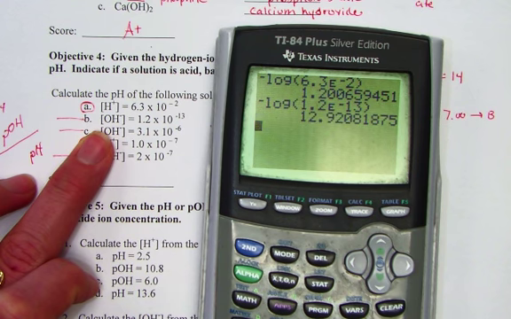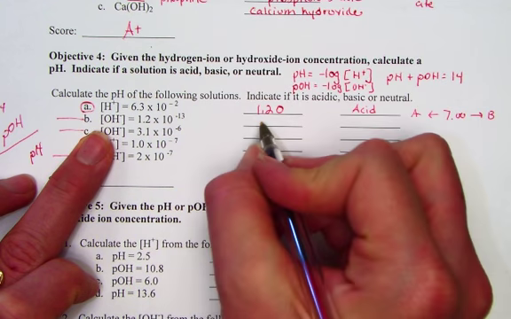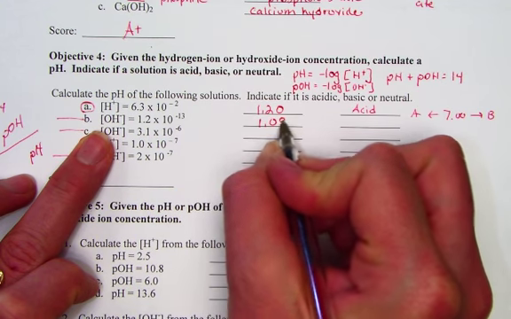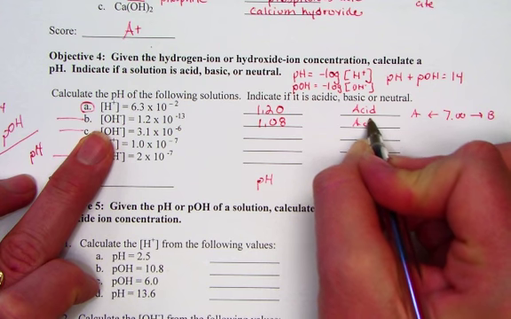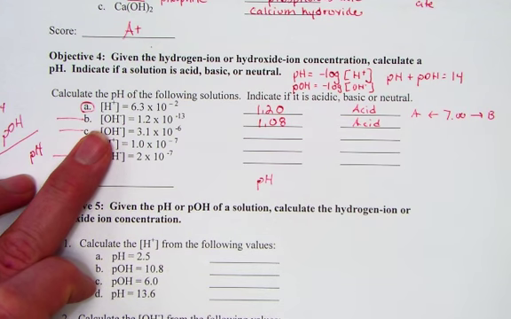And my screen shows 12.92, but remember that's the pOH. 14 minus that answer turns it into a pH reading. And that value is 1.08 for our pH of our solution. And again, well below 7, that is an acid in the range.